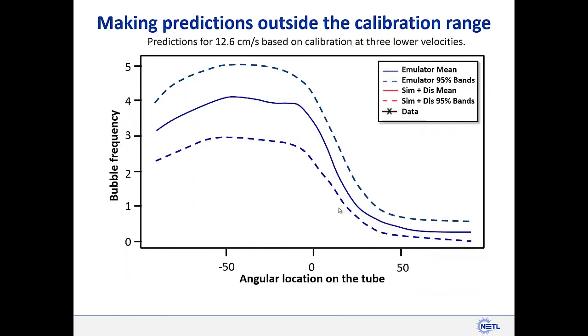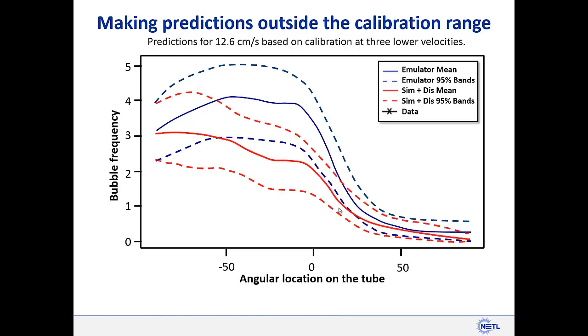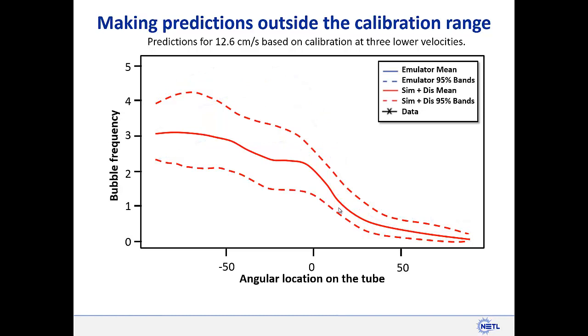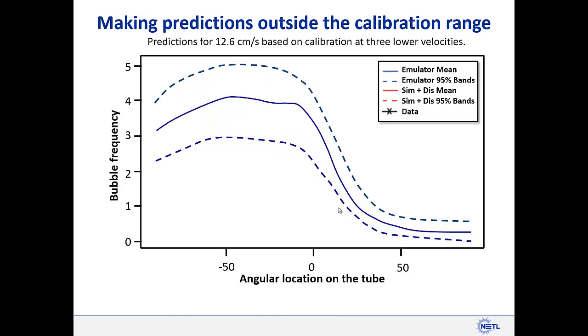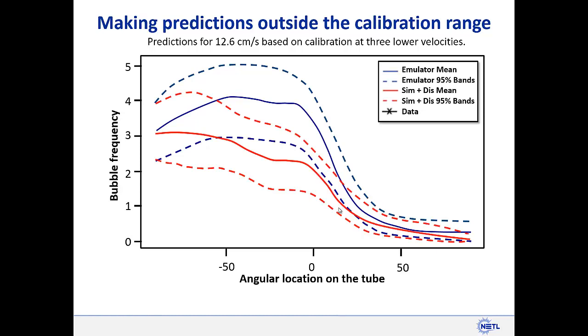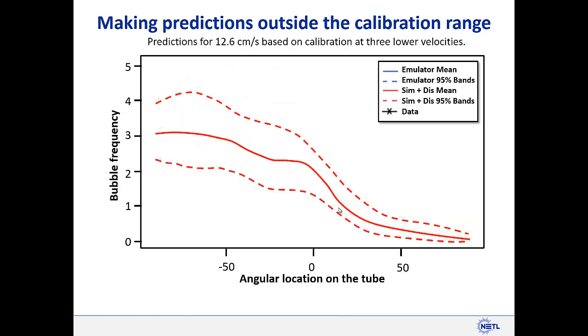If you simply make predictions with just the calibrated parameters, this is what you get as the mean, the solid blue line, and the broken blue lines are the 95% bands. Now we want to add the discrepancy function. That's given by the solid red line and the broken red lines. So this is our final prediction.